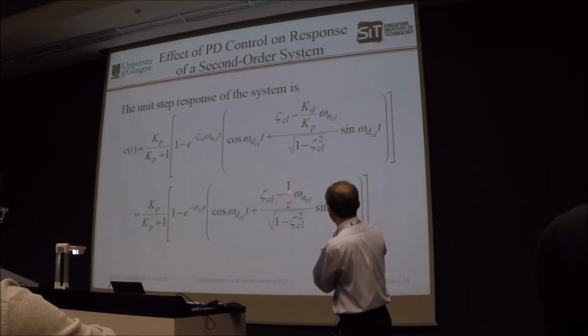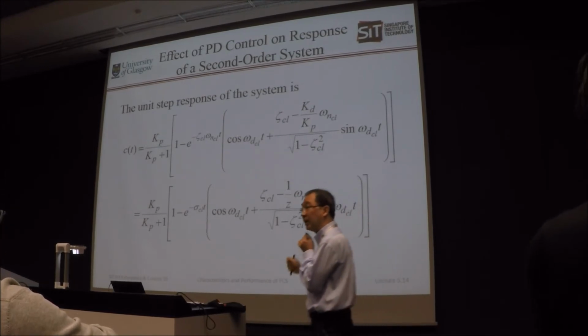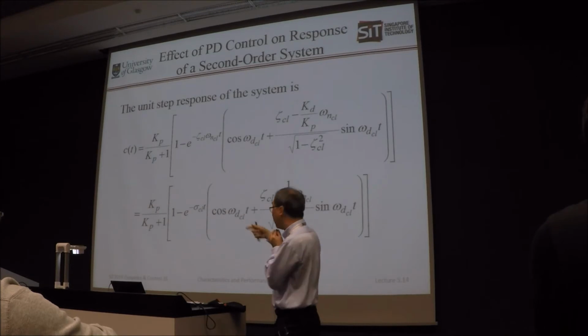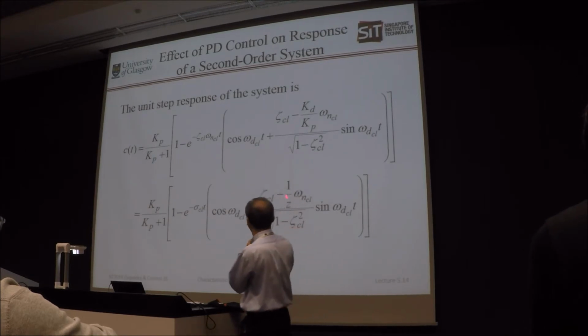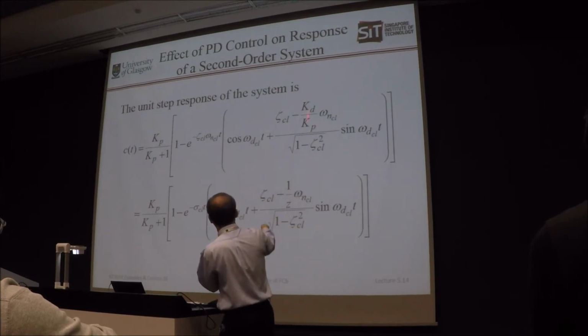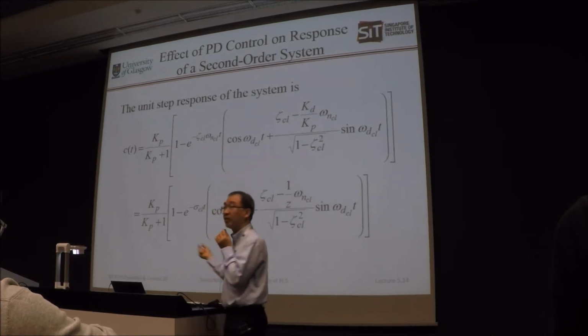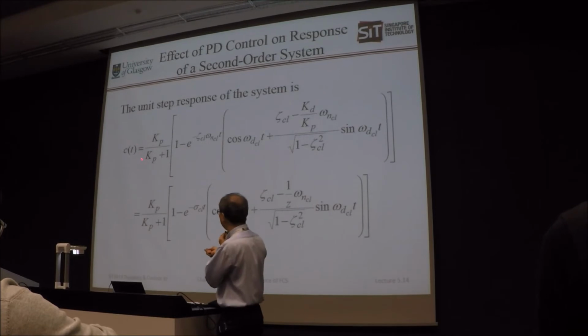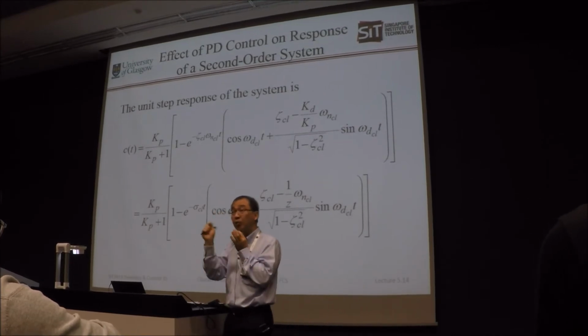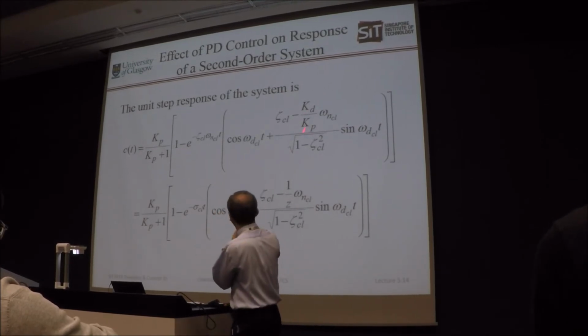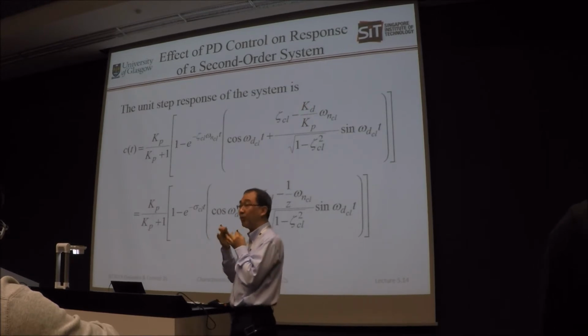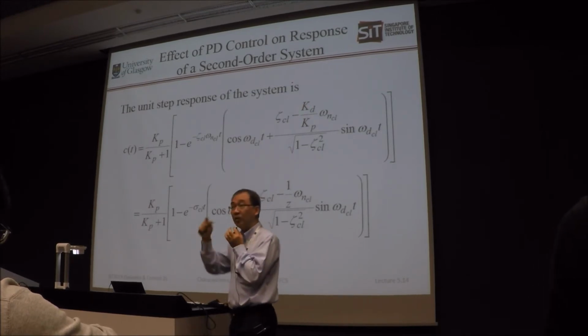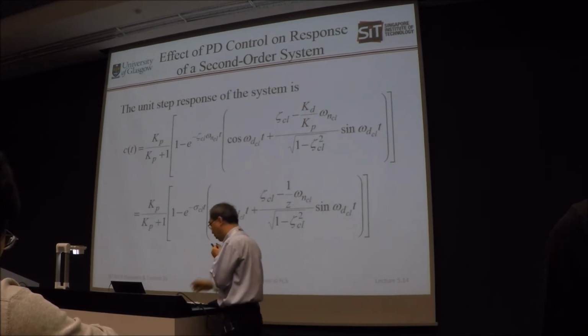This term KD over KP, which is 1 over Z, has a certain effect. This is just to show you how it comes about. It appears in one of the inverse Laplace transform terms in your C of t. We know this term can affect your step response, because this is a step response where you set R(s) equal to 1 over s.